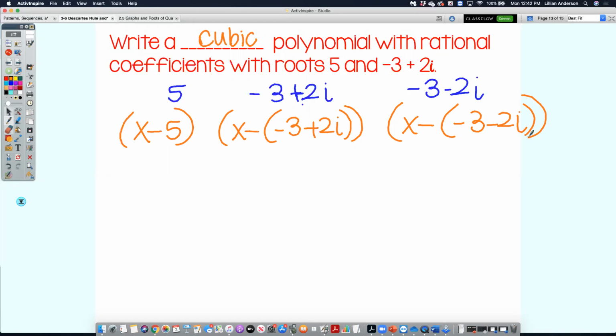So we want to make sure that we change the imaginary parts for our 2 zeros. It's always going to be x minus, but when we distribute it over, the 3's are going to turn positive, but the 2i's will be different signs.